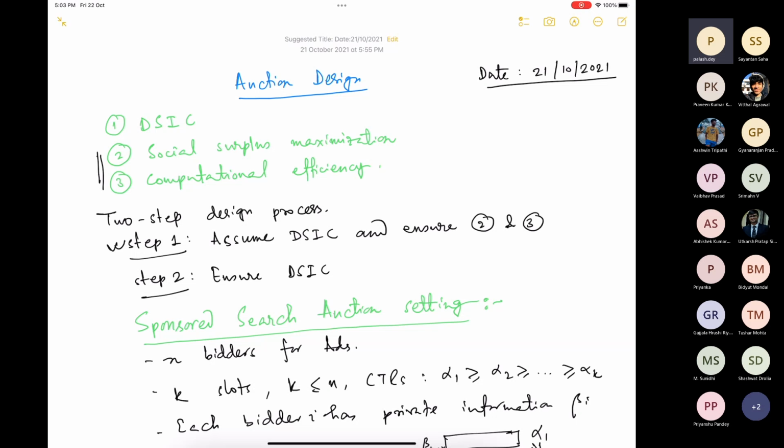So to ensure these three conditions, we advocated a two-step design process. Step one is you assume dominant strategy incentive compatibility without any justification, and try to design an allocation rule which is computationally efficient and which maximizes social surplus.